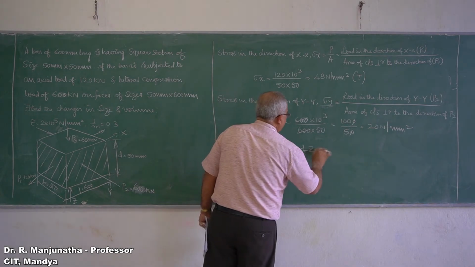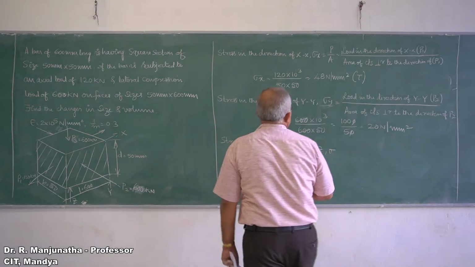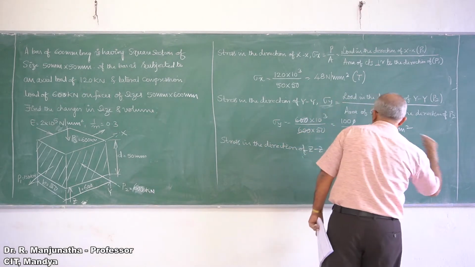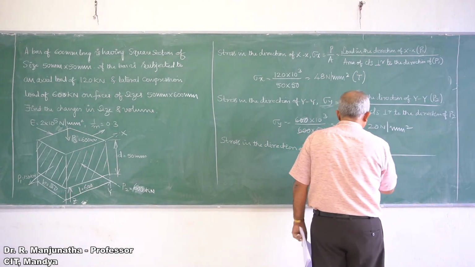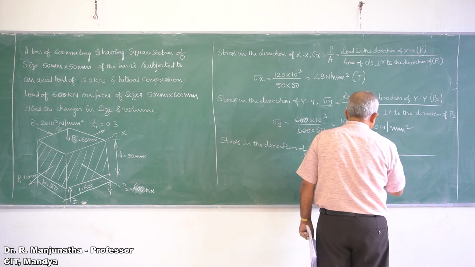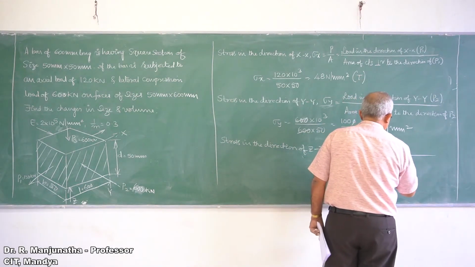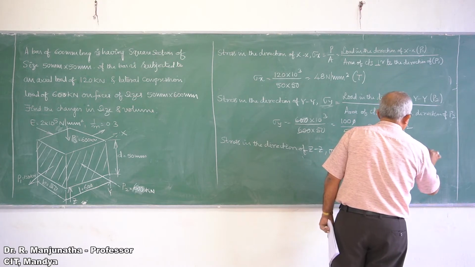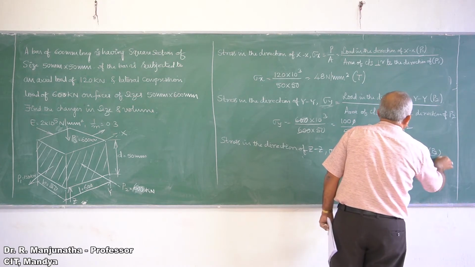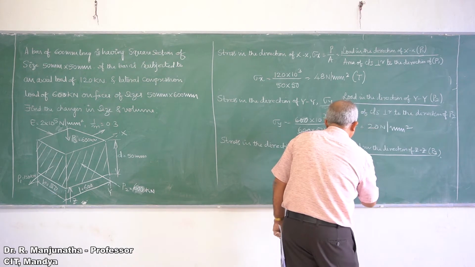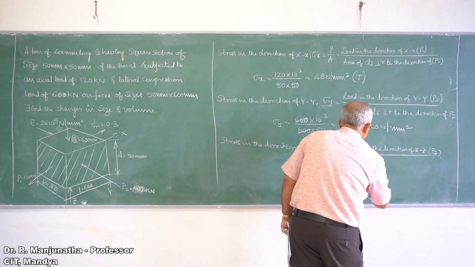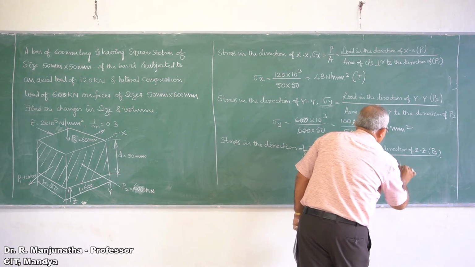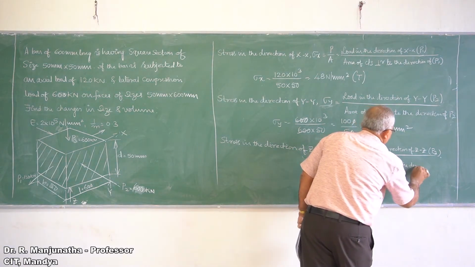Again it will be equal to the load in the direction of zz, which is P3, divided by the area of cross section perpendicular to the direction of P3.